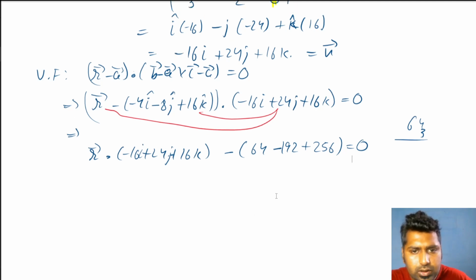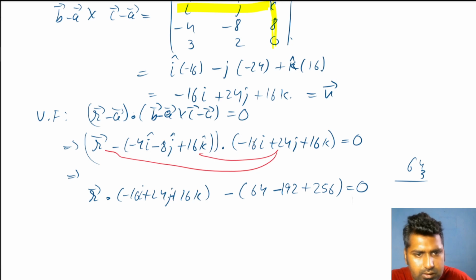Let's recheck. That's minus 16 4 64, 24 and 8, 8 3 64 into 3, 180 plus 12 192, correct, plus 256.